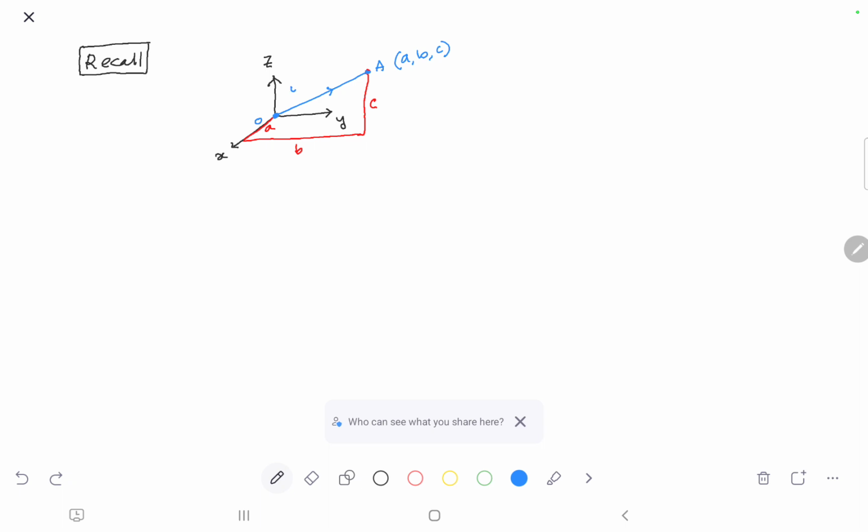This vector we denote by u vector, and u will have components A, B and C, or in linear form A i cap plus B j cap plus C k cap. So the same point A we can think of in two different ways. The first is the scalar thinking, and the second, the directed line segment, is the vector thinking.